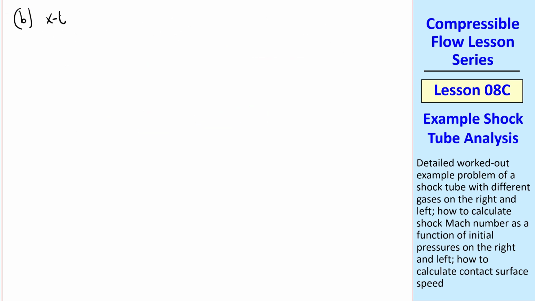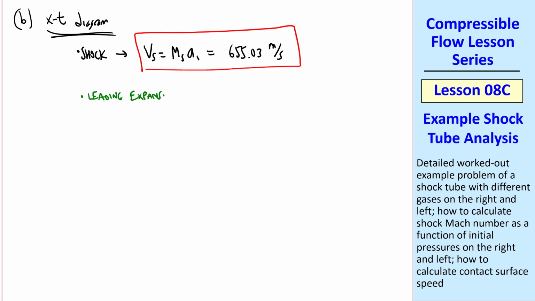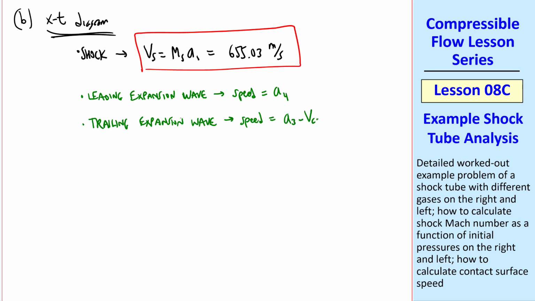Part B is to plot the x-t diagram. For the shock, Vs is Ms times a1, and that turns out to be 655.03 meters per second. The leading expansion wave, as you may recall, has a speed equal to a4, which is known, and the trailing expansion wave has a wave speed of a3 minus Vcs.